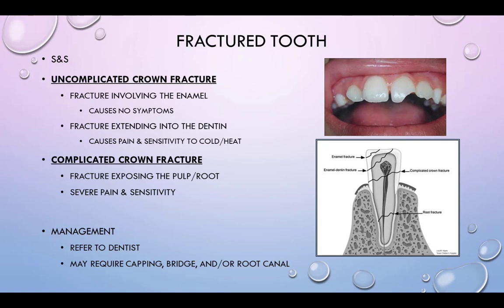A complicated crown fracture is a fracture which exposes the pulp or the root of the tooth. A complicated crown fracture results in severe pain and sensitivity. If someone has sustained a tooth injury, refer the individual to a dentist as soon as possible. Injuries to teeth may require capping, a bridge, or even a root canal.